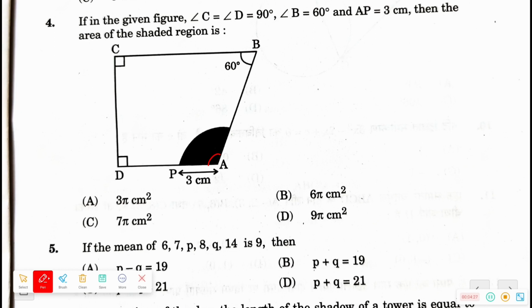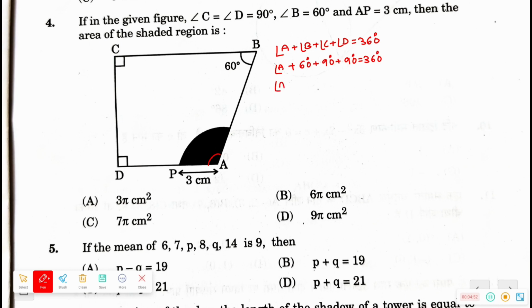But by using the angle sum property of a quadrilateral we can find angle A. Angle A plus angle B plus angle C plus angle D is equal to 360 degrees. We don't know angle A, but the remaining we know: angle B is 60 degrees, angle C is 90 degrees, angle D is also 90 degrees.